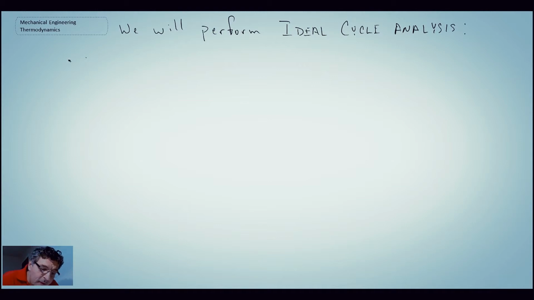First, we assume that there is no friction, and by friction I mean both mechanical, so mechanical friction within the moving parts of the engine, or fluid friction, so that would be pressure drop as the working fluid moves throughout our engine. So we're assuming there's no friction.